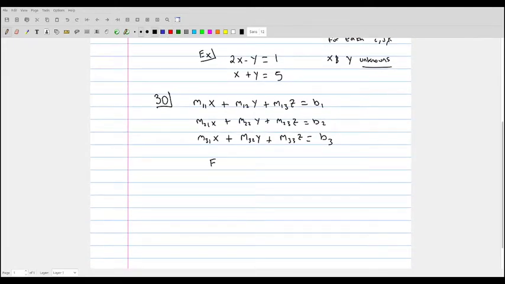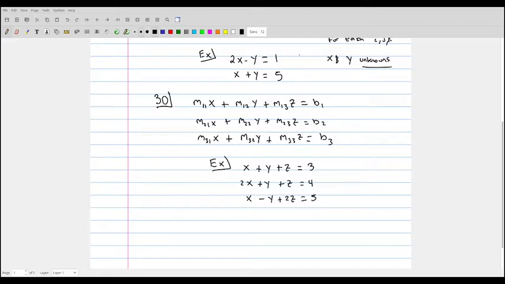So just to give you an example of a system like this, you could have, say, x plus y plus z is equal to 3, 2x plus y plus z is equal to 4, and then lastly x minus y plus 2z is equal to 5.